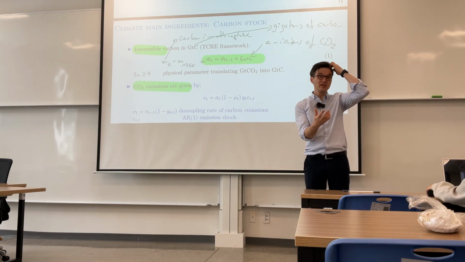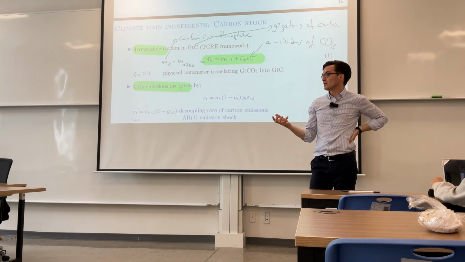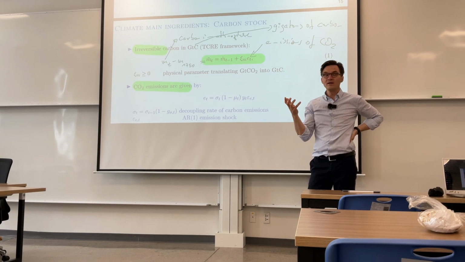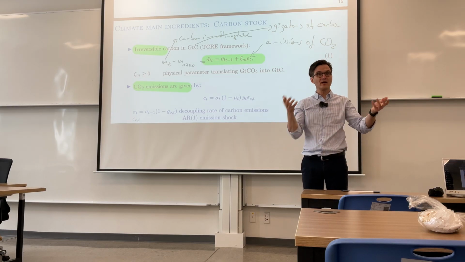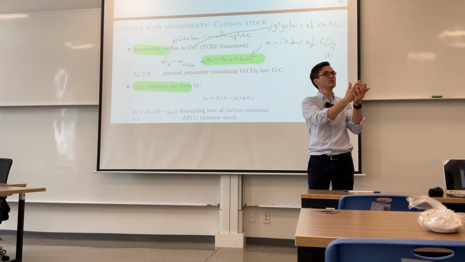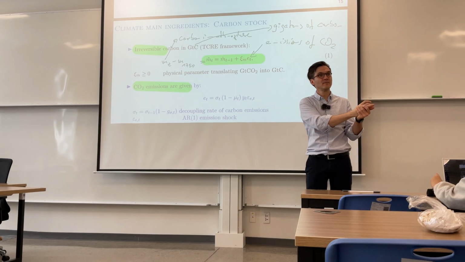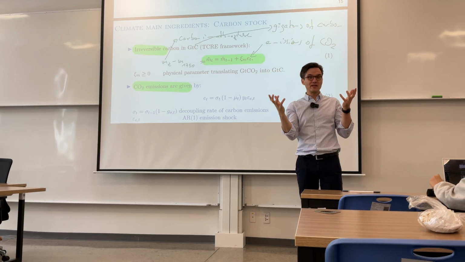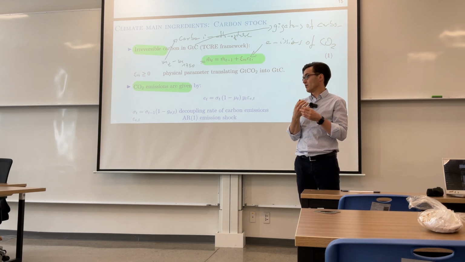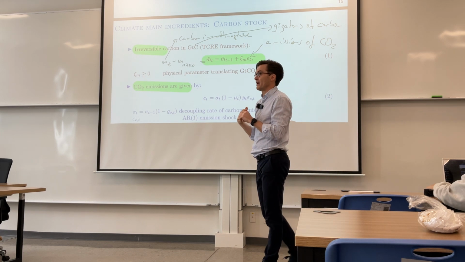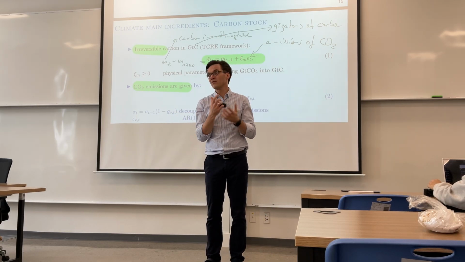If you burn fossil fuel, you're going to produce carbon dioxide, and that's going to get into the atmosphere, adding to the stock of carbon in the atmosphere. But there are of course other gases that increase the amount of carbon in the atmosphere.